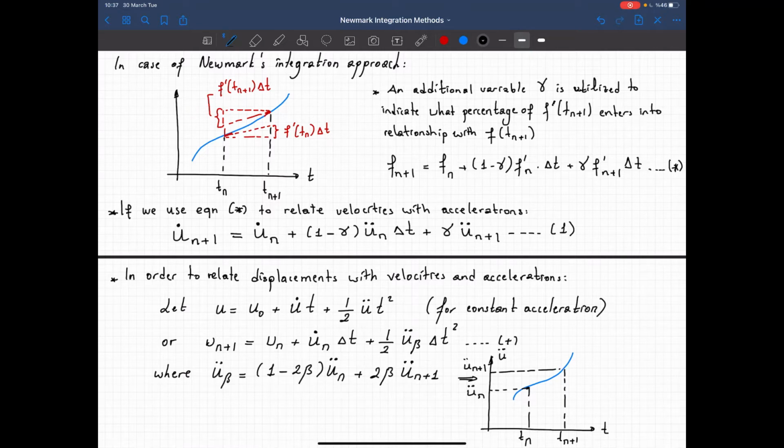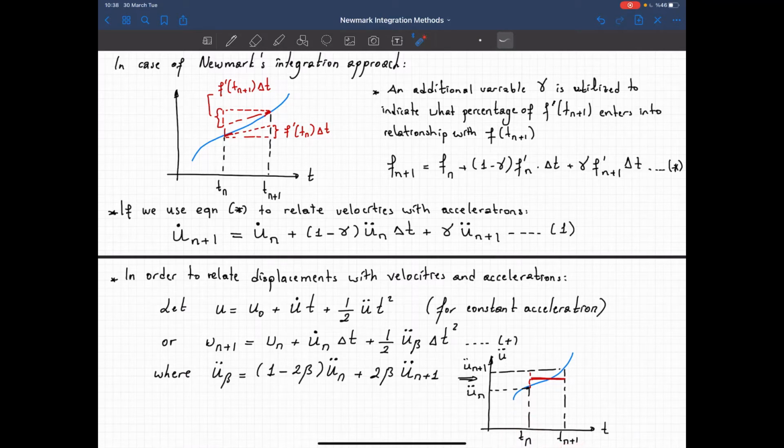So with this equation, we are still using a constant acceleration between the time steps, but we are averaging the accelerations at Tn plus 1 and at Tn. What is the weight of the Tn plus 1?